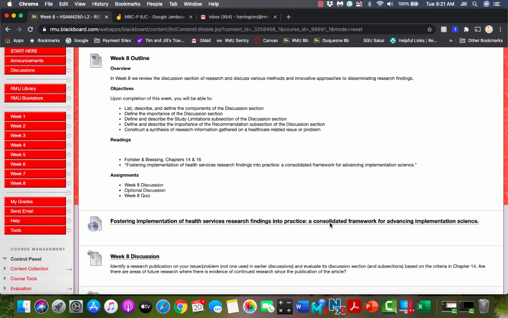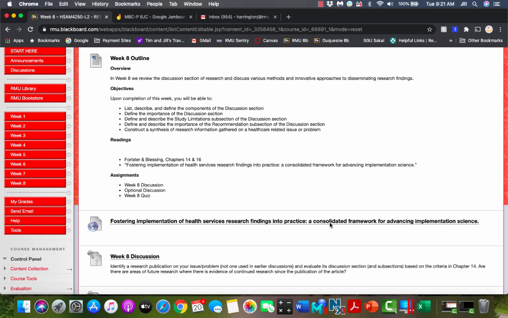That discussion section appears at the end, and it's going to talk about limitations of the study and things that were noted as important in the study. Where did the study go as the researcher thought it was going? Where did it go outside of where they thought it was going? It's the time for the researcher to really give their thoughts throughout the rest of an article or a dissertation or a thesis.